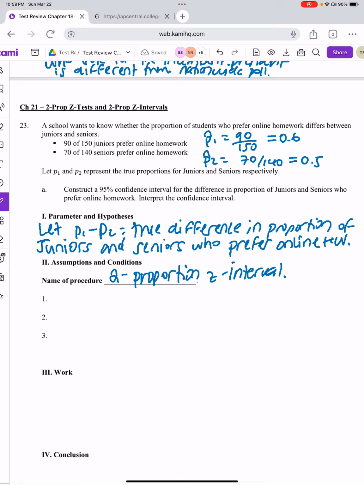One, they did tell us it's two random samples, right? Did they? Oh. They didn't state that it was random. This is kind of bad. So we have to assume it.